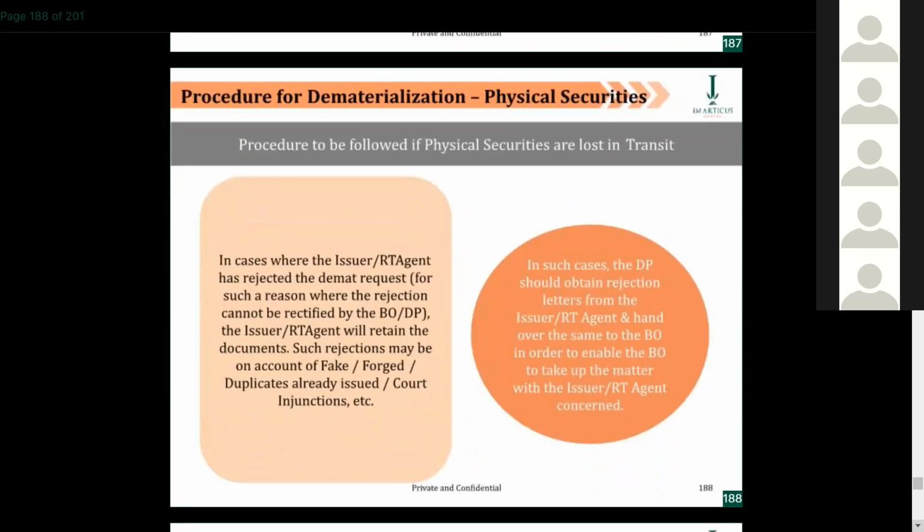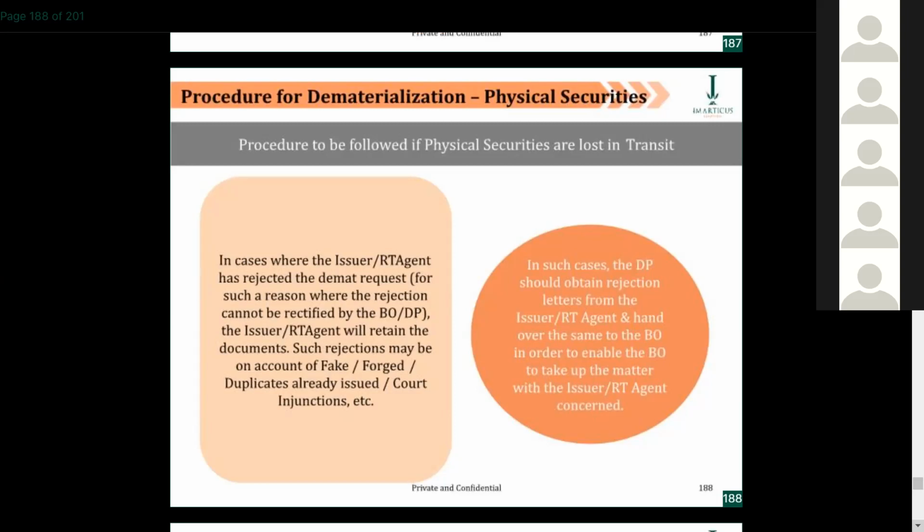Now, there was a risk of fake or forged duplicate certificate also. So, in case where the issuers have rejected the DMAT request form for such reason where the rejection cannot be rectified by a beneficial owner or depository participant, the issuer RTA agent will retain the documents.